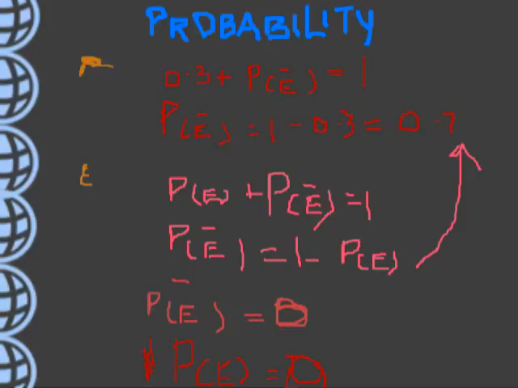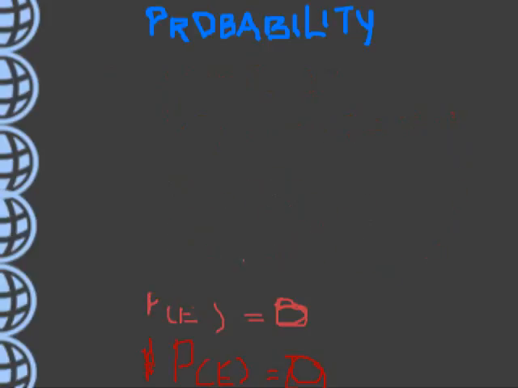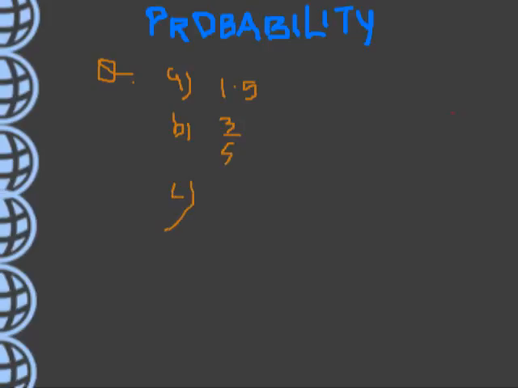Now we have more questions to solve. What our next question says is, which of the following cannot be the probability of an event? The options given are A) 1.5, B) 3 by 5, C) 25%, D) 0.3.